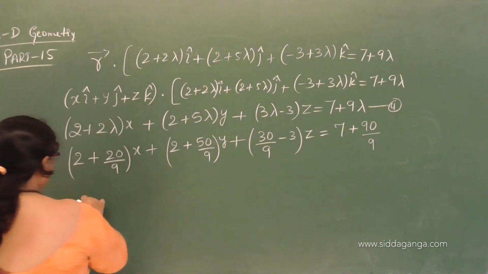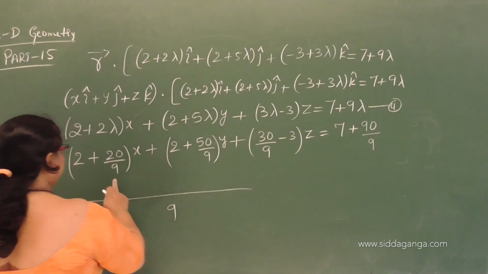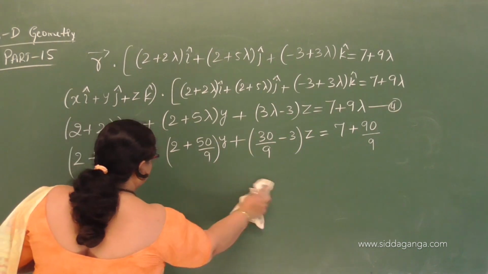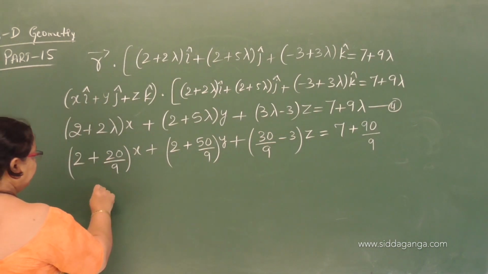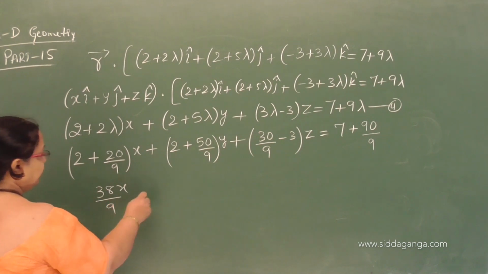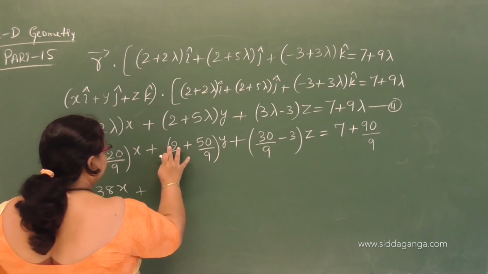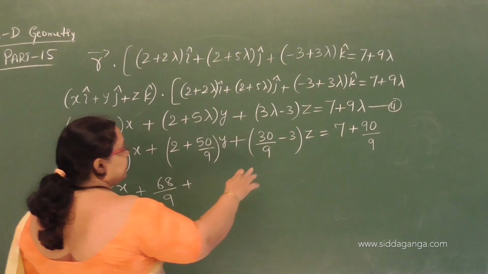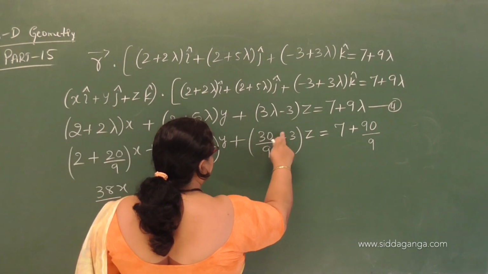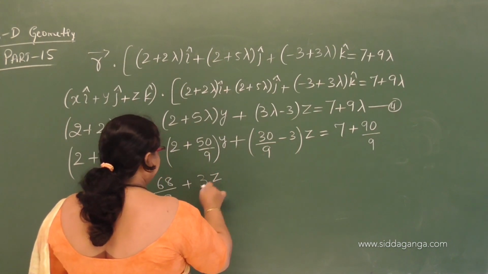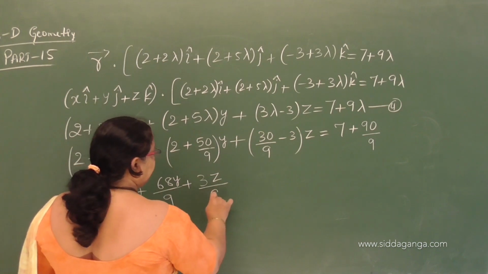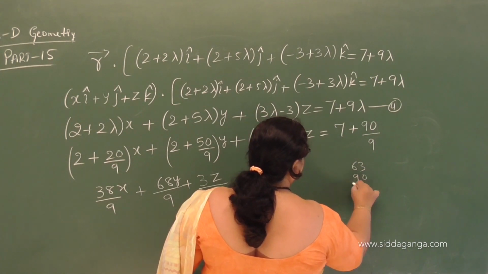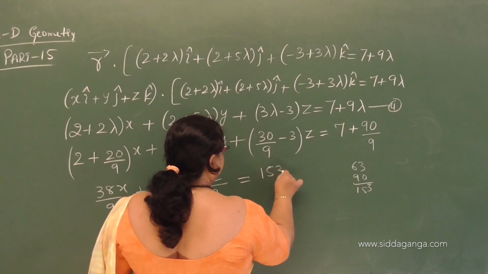So take 9 as LCM overall and simplify. 9 2s are 18 plus 20 that is 38x by 9, plus 9 2s are 18 plus 50, 68 by 9, plus 9 3s are 27, 30 minus 27 that is 3z by 9, equal to 9 7s are 63 plus 90, that is 153 by 9.